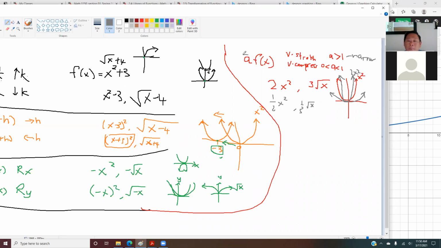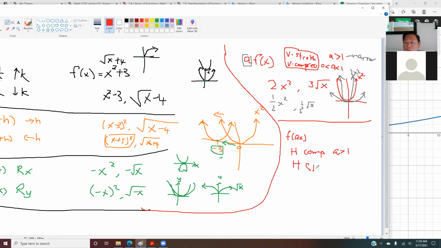Okay, so this is what happens when your a is outside. What happens if your a is inside? Then you completely switch this around. So vertical becomes horizontal, stretch becomes compress. This is when a is greater than 1.